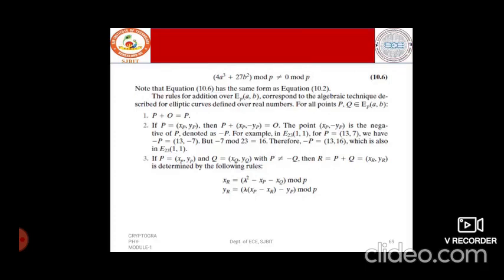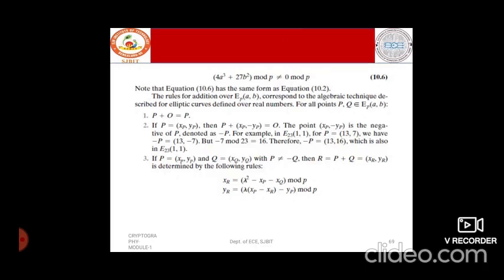For all points P, Q belonging to Ep(a,b): P plus O is equal to P. If P is equal to (xP, yP), then P plus (xP, minus yP) is equal to O. The point (xP, minus yP) is the negative of P, which is denoted as minus P.